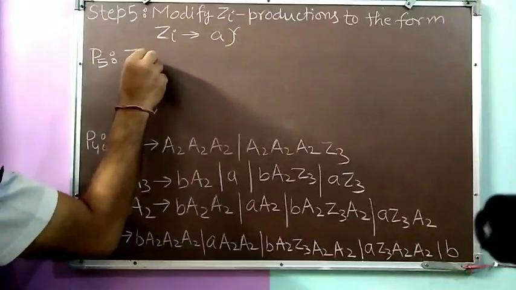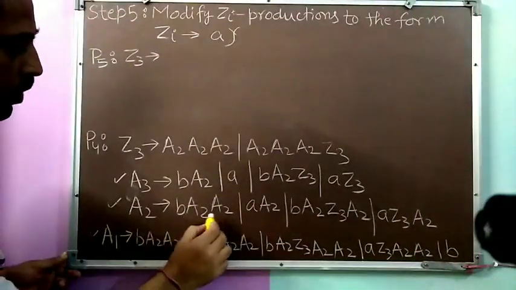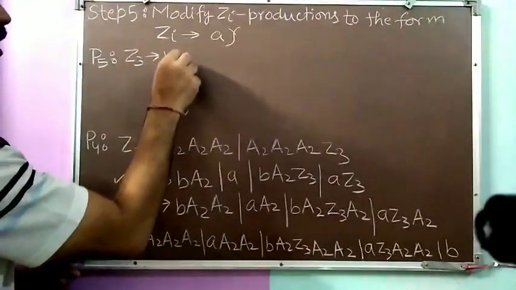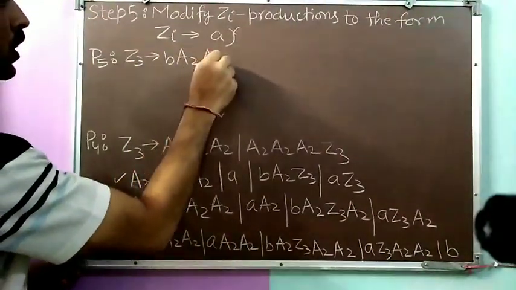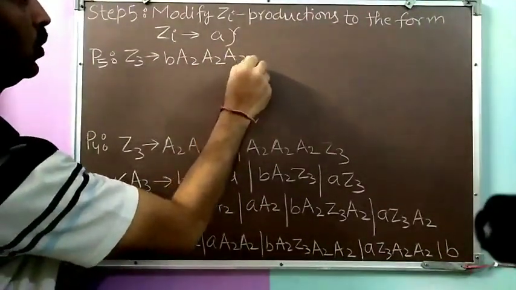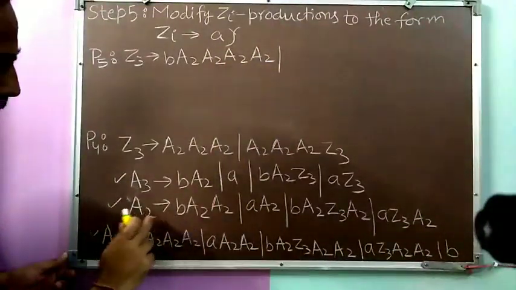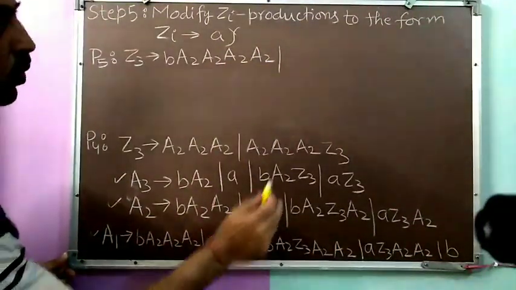So we will write these Z3 productions. At the place of A2, we have to replace B, A2, A2. So B, A2, A2, followed by A2, A2, followed by A2, A2. So this is one production. For another one, we take another value of A2, that is A, A2.